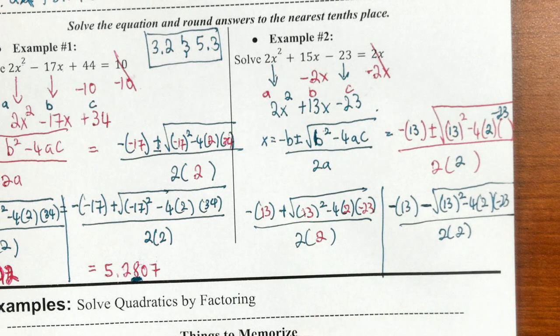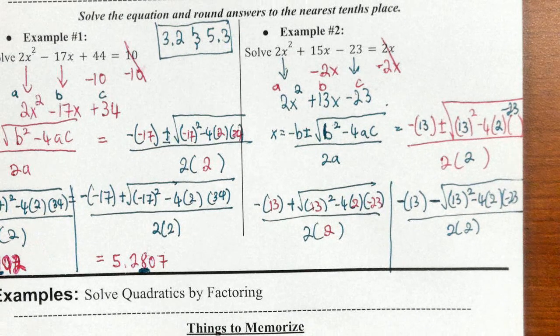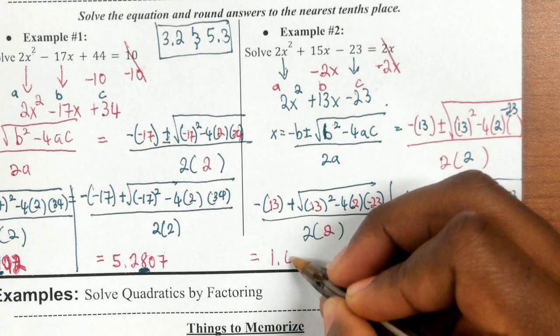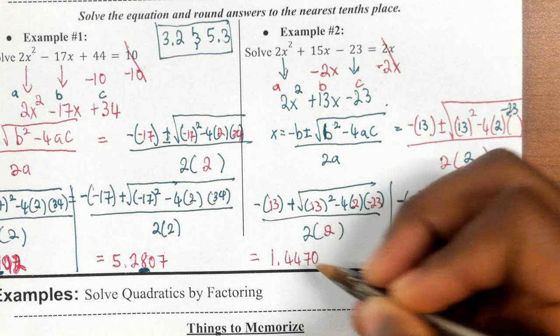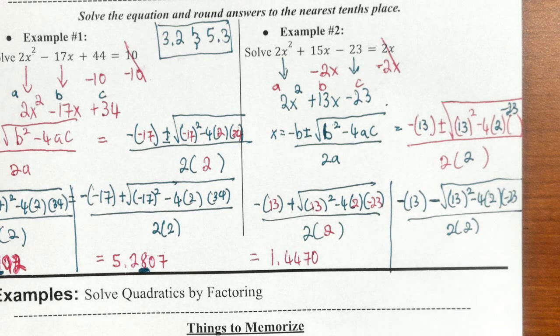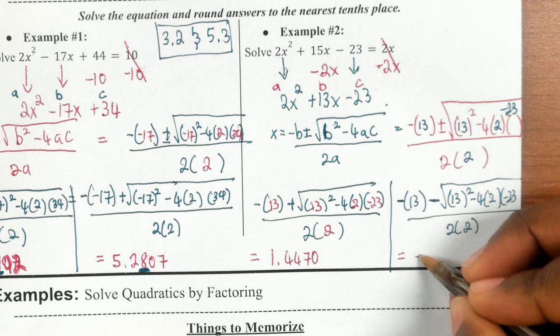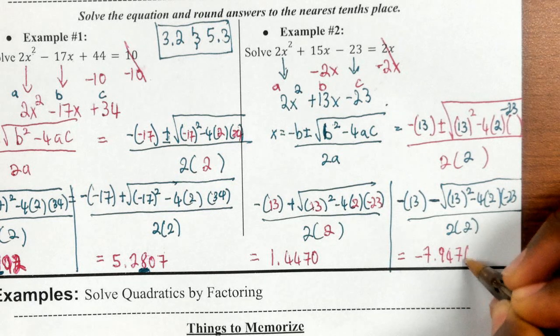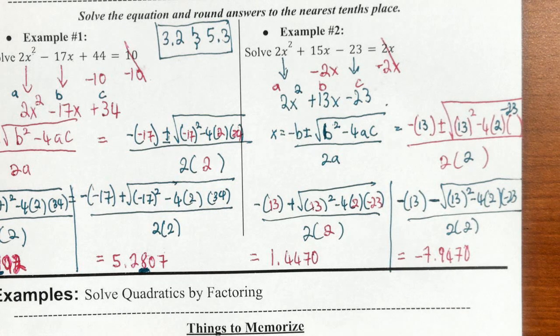So I'm going to plug this in. When it was a positive, it was 1.4470, and when it was a negative, it was negative 7.9470. So now I'm going to round.